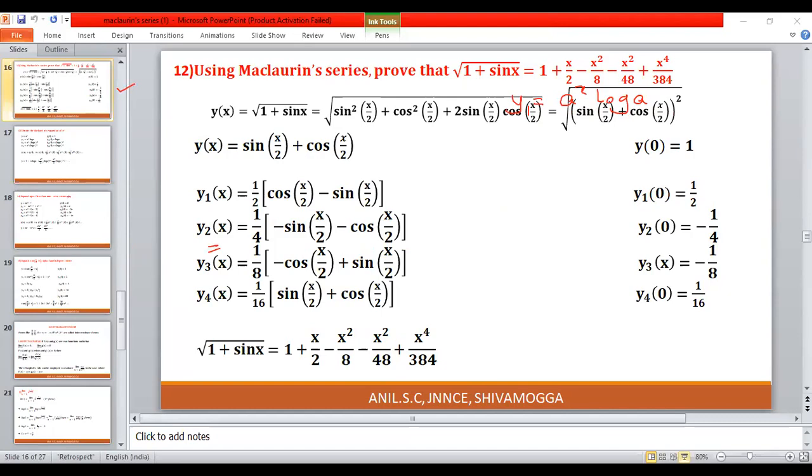The slide is still not moving? Is it not moving? There is some network problem right from morning.